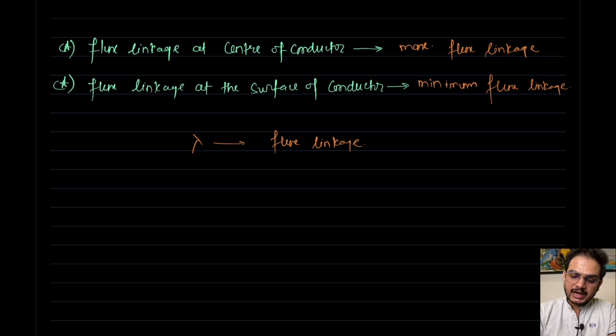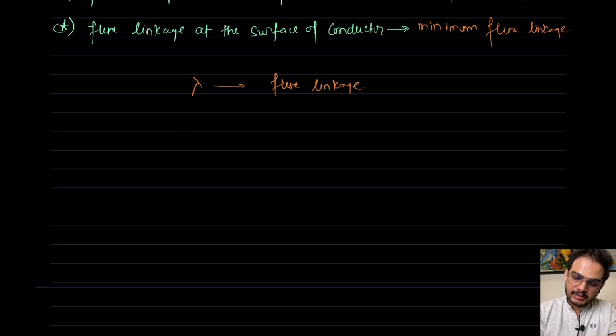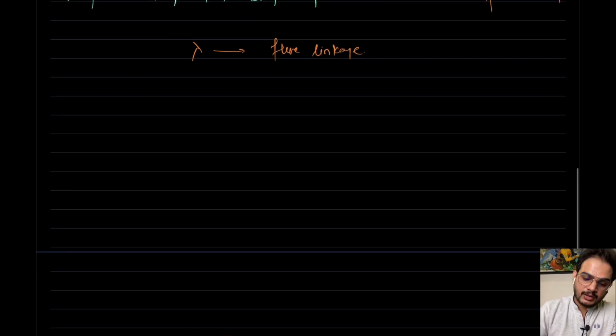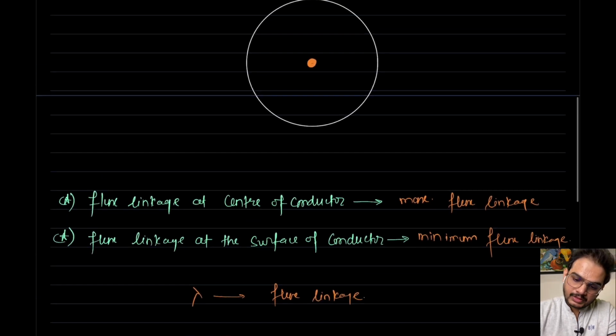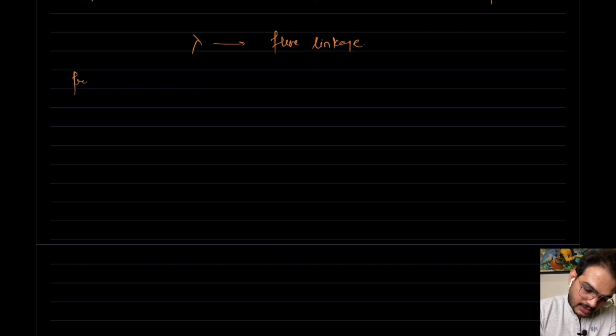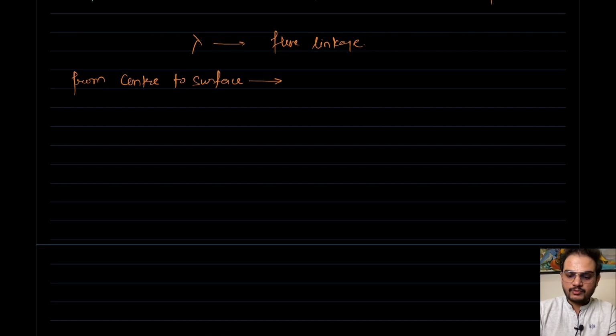Okay, so with that note, this is my flux linkage. So when we are moving from center towards surface, from center to surface, what is happening to my flux linkage? At center my flux linkage is maximum, at surface my flux linkage is minimum. So from center to surface my flux linkage is decreasing.